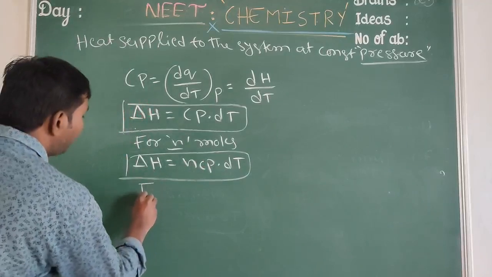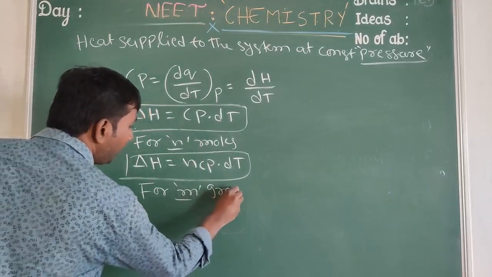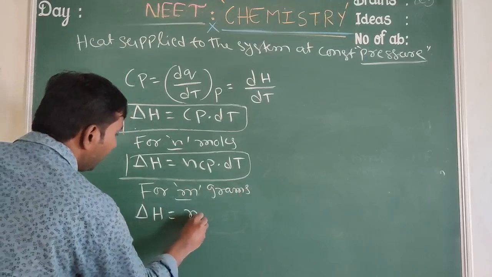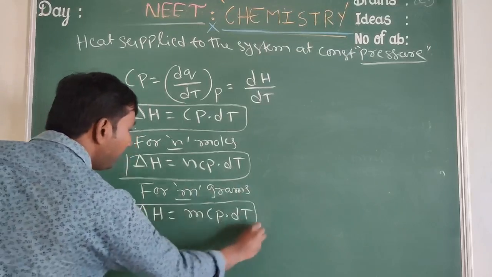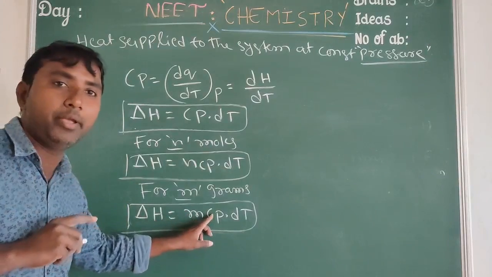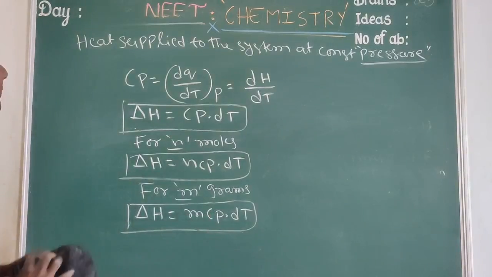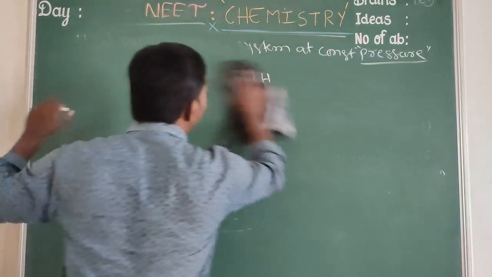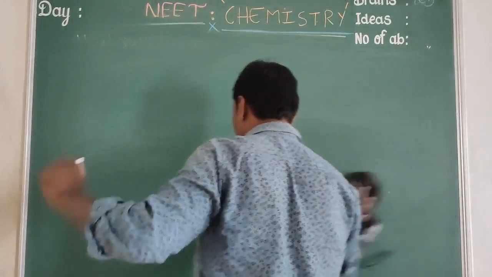For m grams of the substance, del H equals m Cp into dT. In this case Cp means specific heat. These are the formulas for heat supplied to the system at constant volume and at constant pressure.